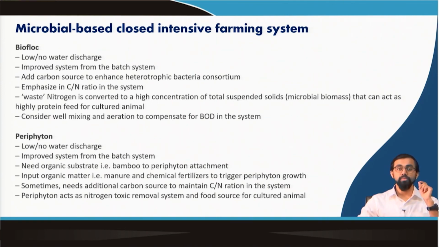In order to remove the nitrogen, however, they are generating that nitrogen itself. So, you need to remove that nitrogen from the system. How can we remove it, since it is toxic in nature? You use technologies like biofloc, periphyton, etc. I will be discussing that. That is the main motto of any treatment unit that we incorporate in aquaculture wastewater treatment. The removal of nitrogen is one of the major things that we need to think about.